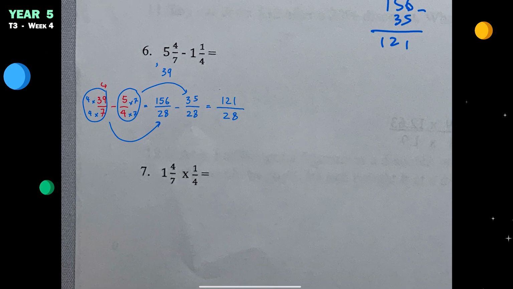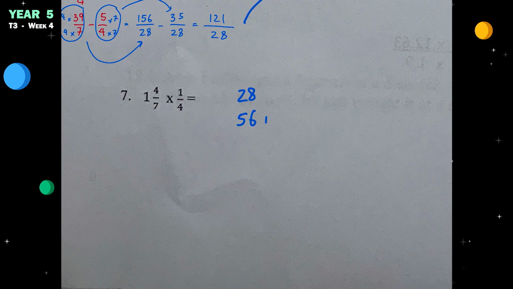So what we gotta do is change it back to a mixed numeral. How many 28s in 121? Let me see. 28. If you times it by 2, you get 56. And you add another 28, and this will be 84.